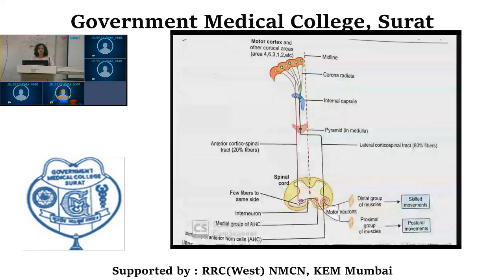At the level of the spinal cord where they are supplying, they cross over and synapse with the interneuron, and that interneuron synapses with the alpha motor neuron of the opposite side. Some fibers also synapse with the alpha motor neuron of the same side, but maximum fibers of the anterior corticospinal tract synapse with the alpha motor neuron of the opposite side via an interneuron.